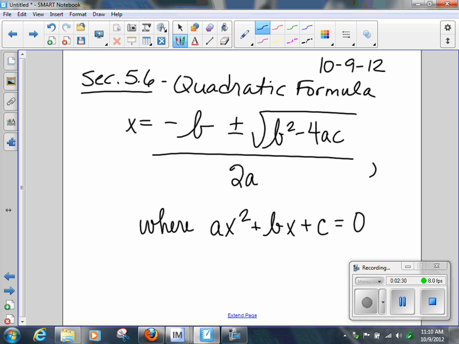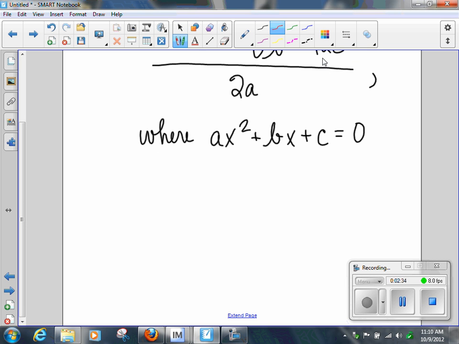We use the quadratic formula when a quadratic can't be factored, okay?